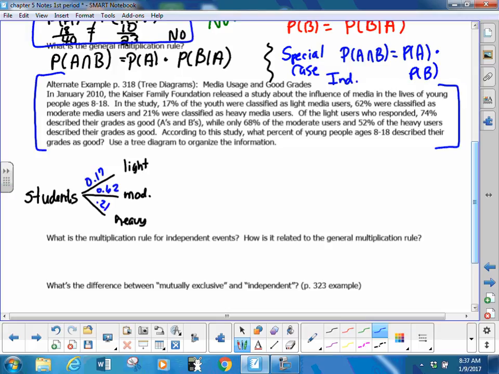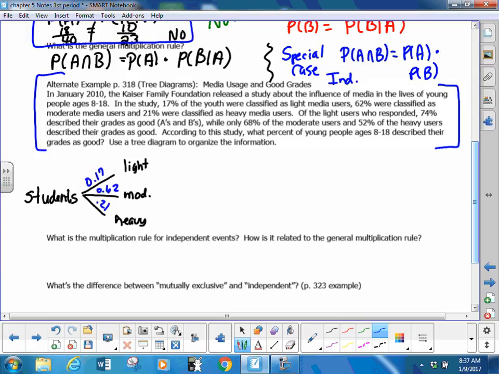And I want to stop and see if that's okay. I'm just reading through the paragraph, kind of putting in a tree what the paragraph told me. This first thing it told me: we got students. They're divided into three distinct groups. Now, they break it up even further.